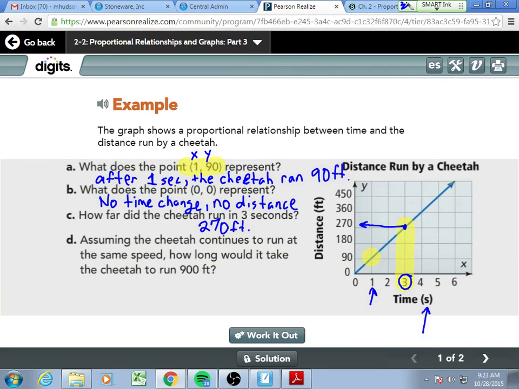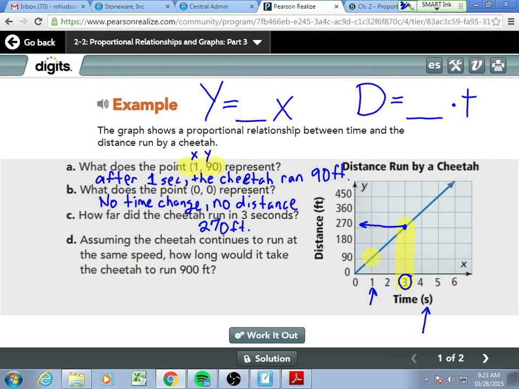Can anyone tell me what our equation would be here if we wanted to say y, the distance he has traveled, will be something times x? We could also say distance will be something times the time that he has traveled. Thomas? Can I answer both?